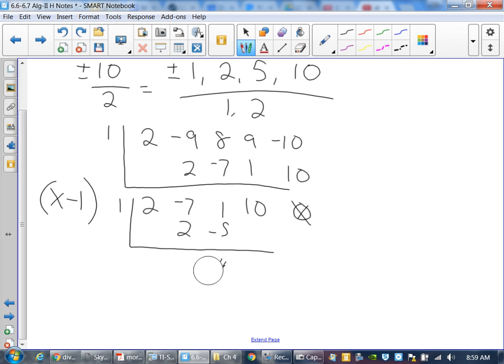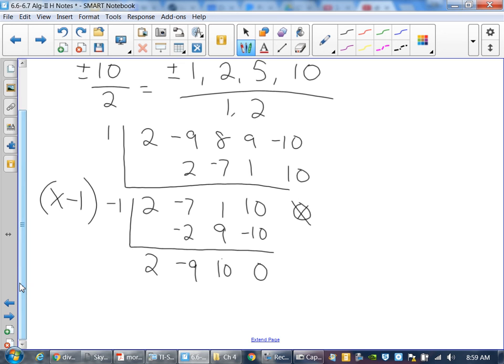So I erase, and I go to -1. And I do the same thing. -2, -9, 9, 10, -10, and 0. I now know that -1 is also a 0, which means if -1 is a 0, what was its term? X plus 1.